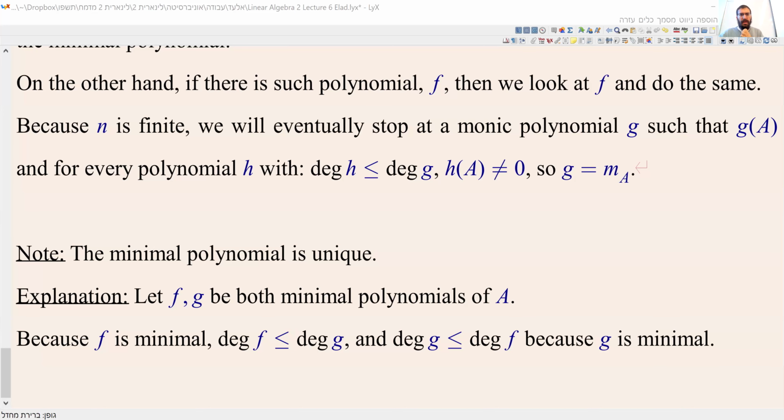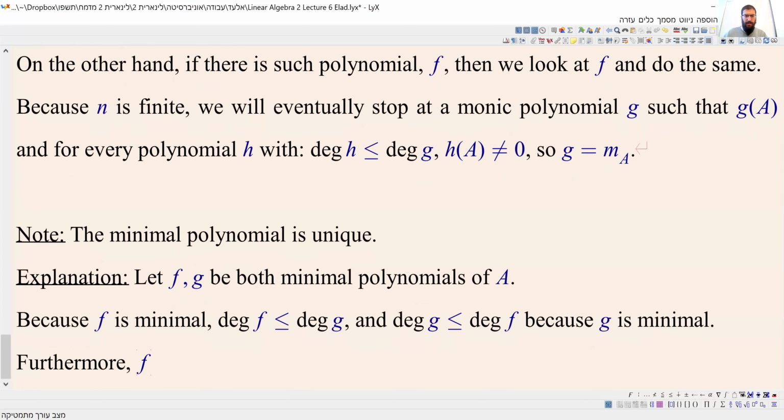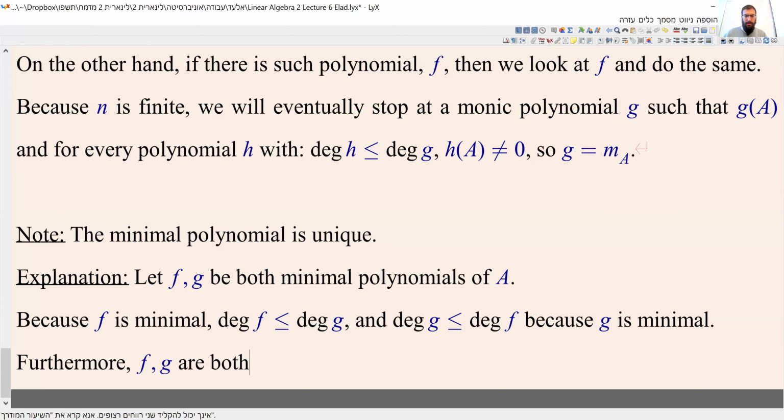Moreover, we know that f and g are both monic.